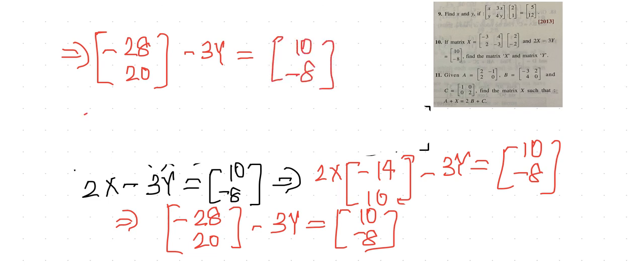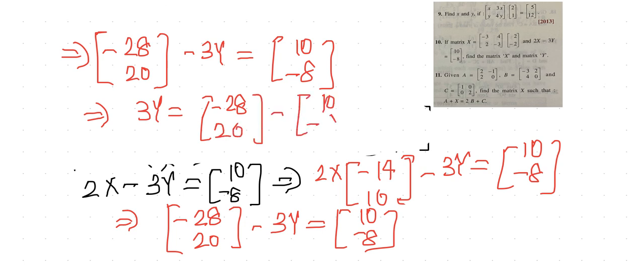So this implies 3y is equal to minus 28, 20 and then minus 10 and minus 8.